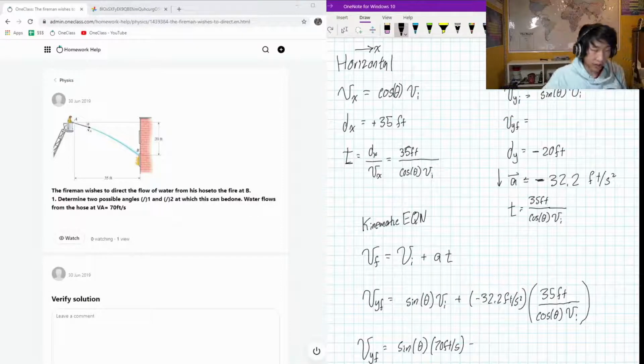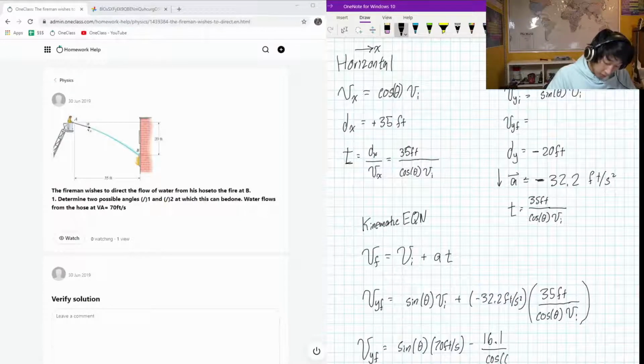This is going to be minus, and then I'm going to do 32.2 times 35 divided by Vi, which is 70. That's going to be 16.1 over cos theta. Okay, nice and straightforward.